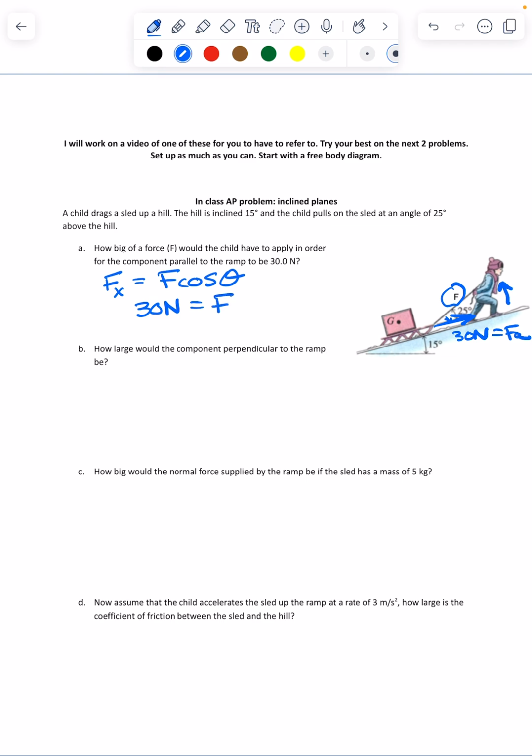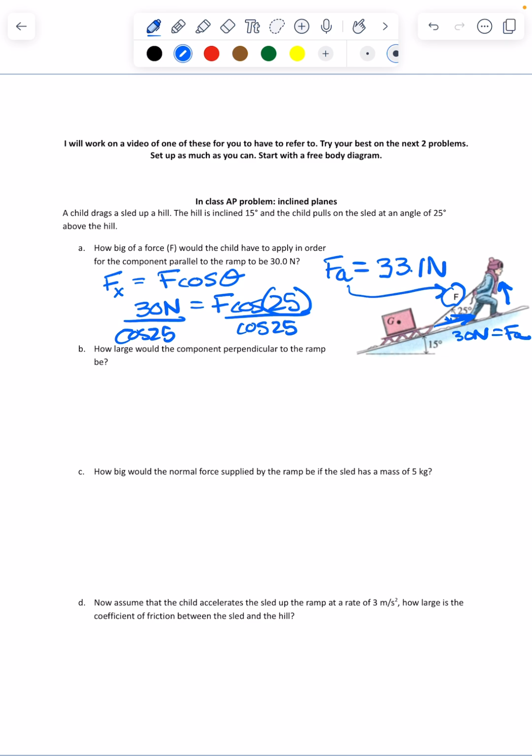I want to know what F is. I know the angle of his pull is 25 degrees. So if I divide both sides by cosine of 25, then the amount that he is pulling with, F, is equal to 33.1 newtons. That's this F here.